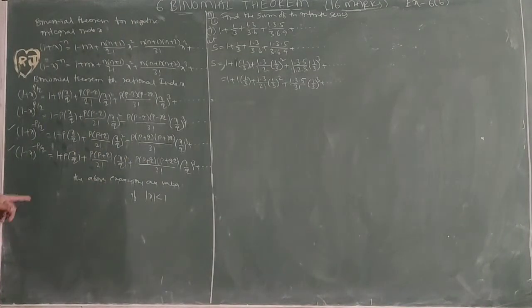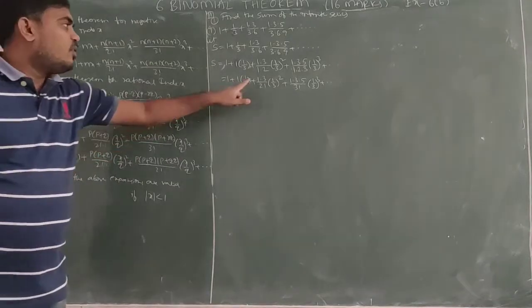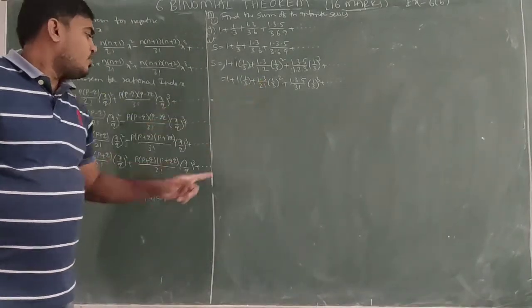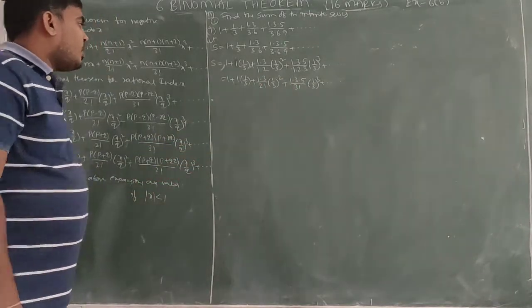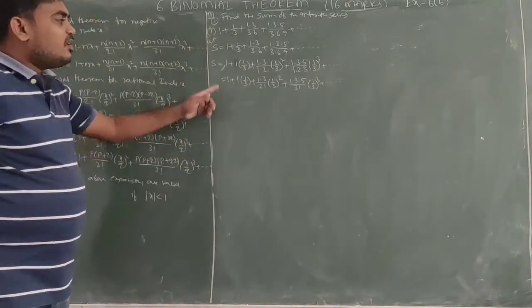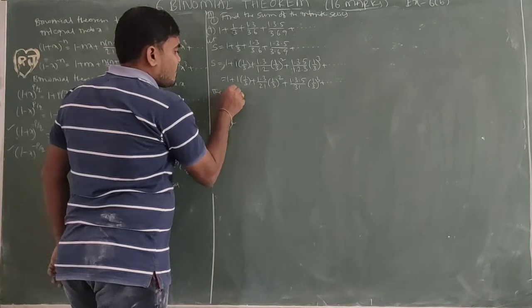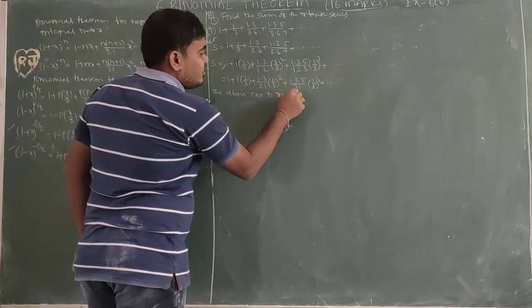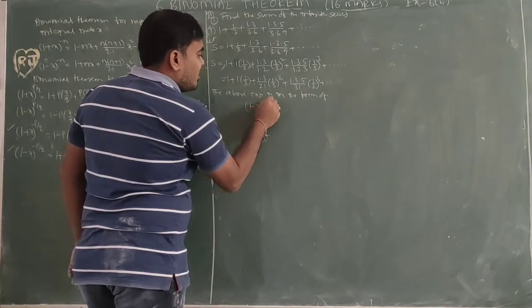If we observe, 1 plus p into x by q, plus p into (p plus q) by 2 factorial, x by q whole square, plus the next term by 3 factorial, x by q whole cube. So I want to compare. The above expansion is in the form of (1 minus x) whole power minus p by q.